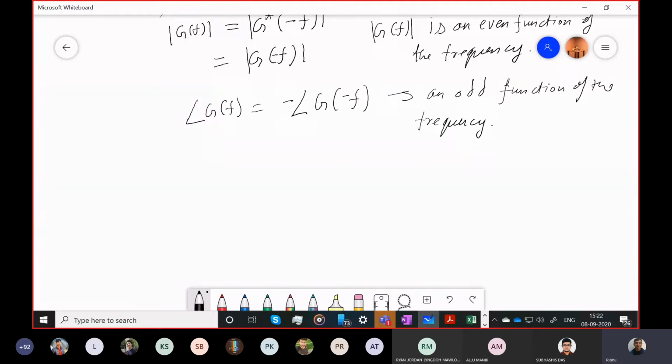We have seen how we calculate the Fourier transform of aperiodic signals, and those who attended yesterday's discussion would remember that I talked about how we go from the Fourier series, which is for periodic signals, to aperiodic signals, and defined the Fourier transform.